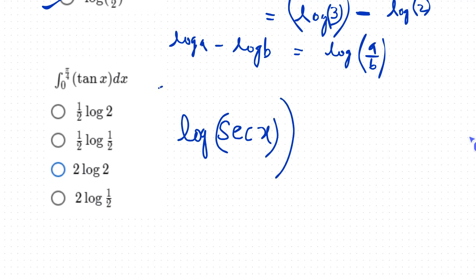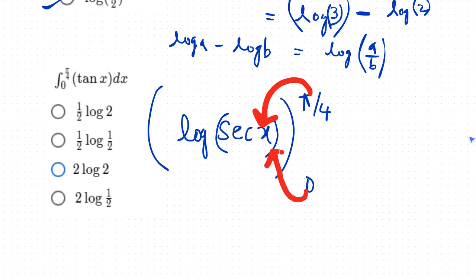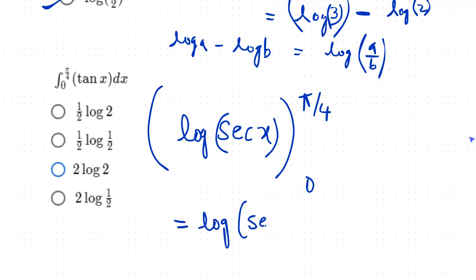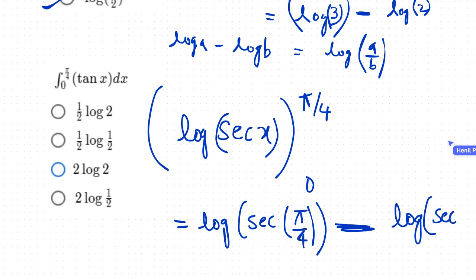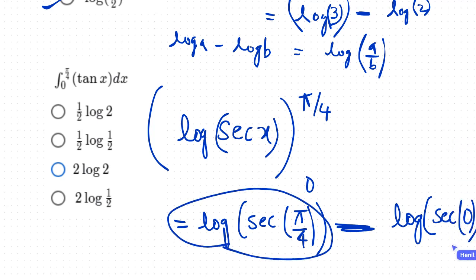You have to write it like this, 0 to pi by 4. First you plug in pi by 4 for x, next 0. So log of sec of pi by 4. After you put that, you have to subtract log of sec of 0. How much will this be?